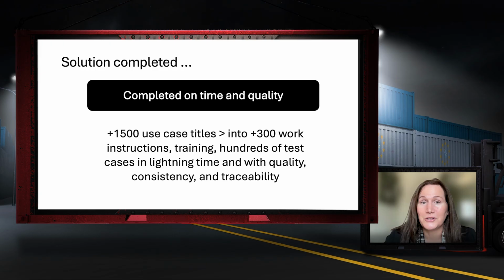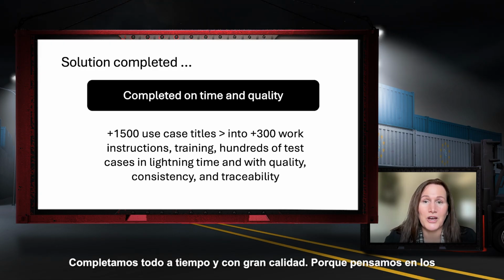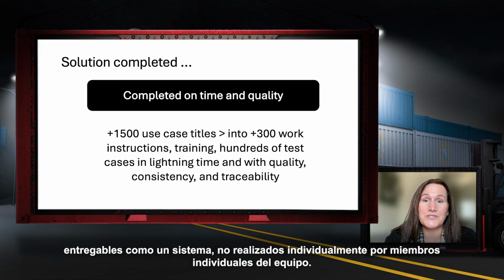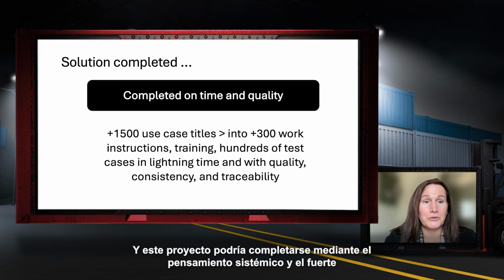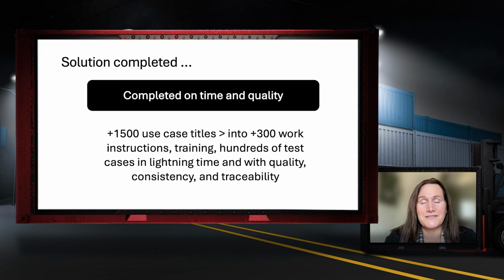What happened? We completed everything on time to a great quality because we thought about the deliverables as a system, not individually done by individual team members. And this project could be completed through systems thinking and the strong support of the executives. That's how we got it done.